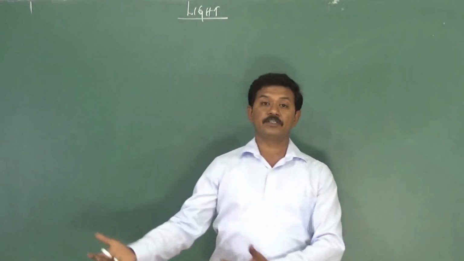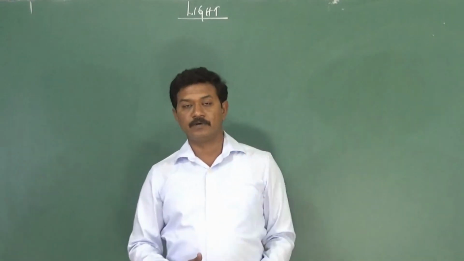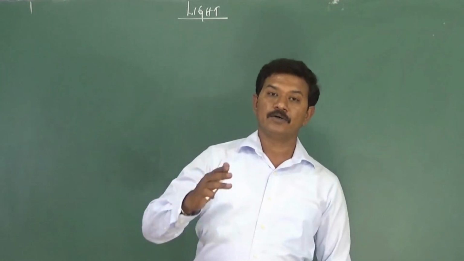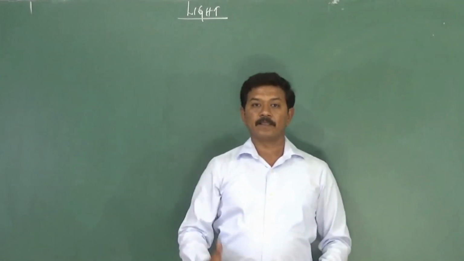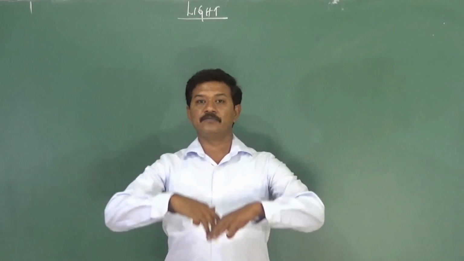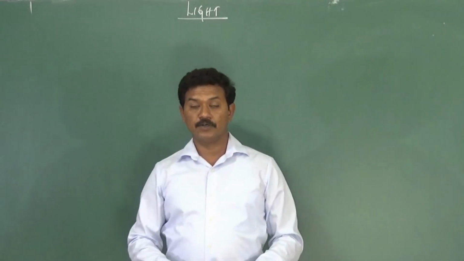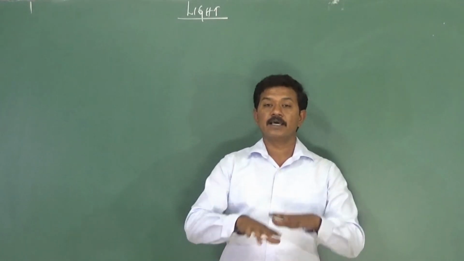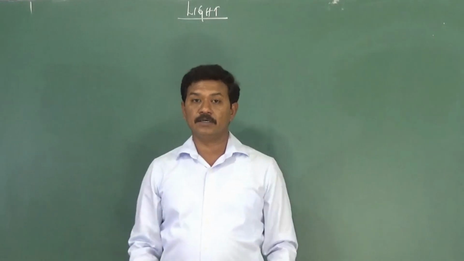The object which gives out its own light is called a luminous object, as we understood in our previous class. When the source gives out light rays, and these rays fall on different objects around us, we are able to see the objects. If these objects were not reflecting the rays, we would not be able to see them.